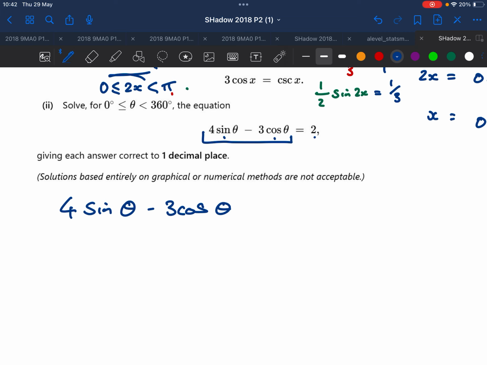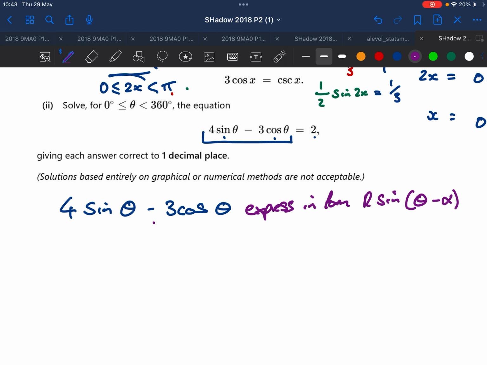So I noticed that it looks a little bit like the addition rule. In fact, it looks a little bit like the sine addition rule. That's probably the one that I would use. So I'm going to express this in the form r sine, because there's a minus there, I'm going to express it in this form here. Okay? And then when I do that, you're going to find that this thing here is much, much easier to solve.